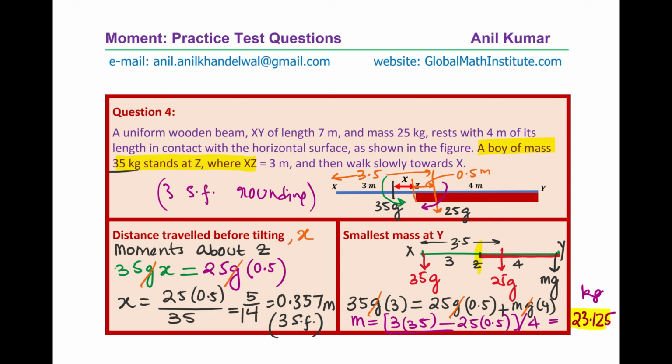Mass has to be more than this value. And therefore, the answer will be the minimum mass is 23.2 kg when we round to 3 significant figures. Do you understand this? Very critical step. If you round it to 23.1, you'll lose 0.5 marks because in that case, the boy will not be able to go to X, the complete length.